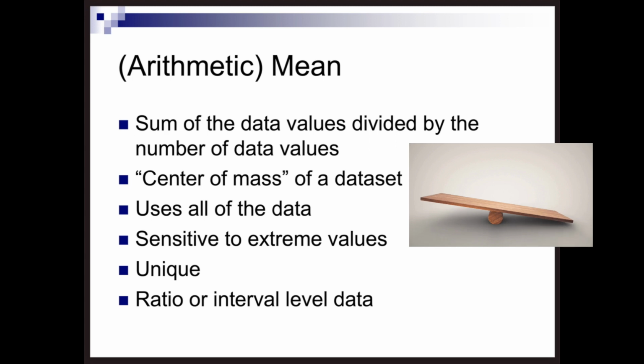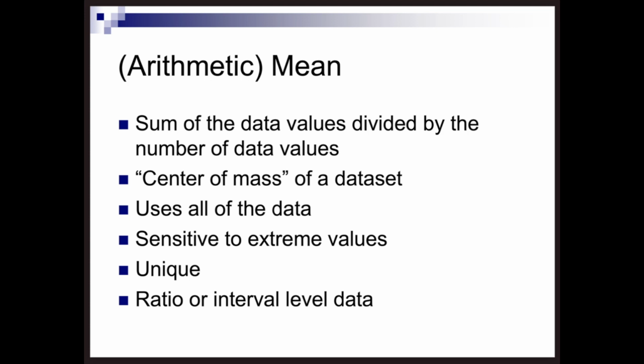If we move that fulcrum over to the right, then at some point that horizontal axis is going to be tipping to the left. So we can think of it like a teeter-totter. The point at which that horizontal axis would balance is the center of mass of the data set. That's the location of the arithmetic mean. And so that gives us a physical interpretation of what the arithmetic mean is.